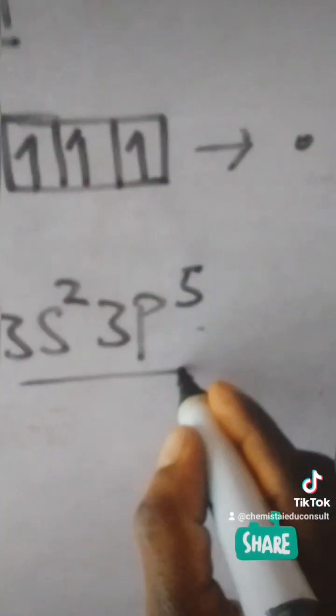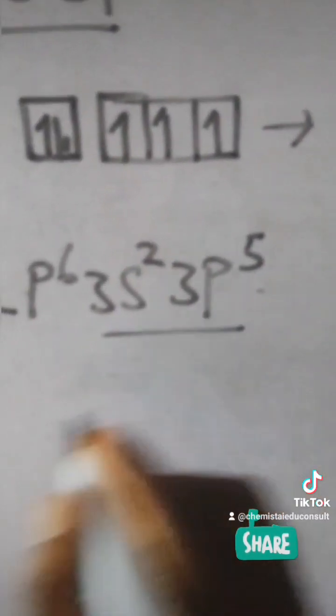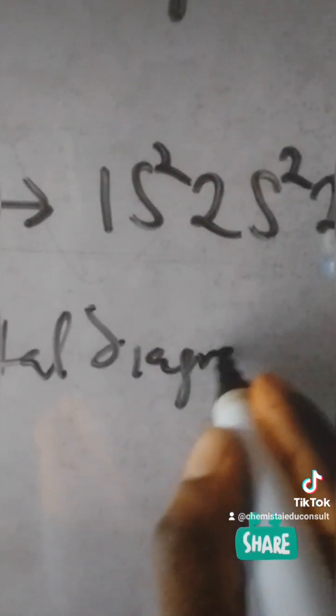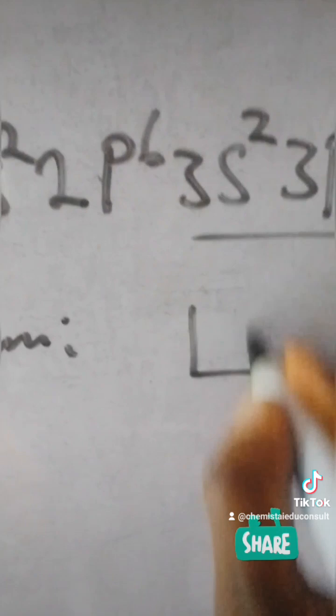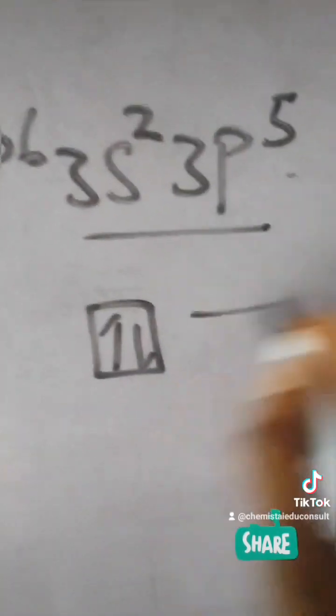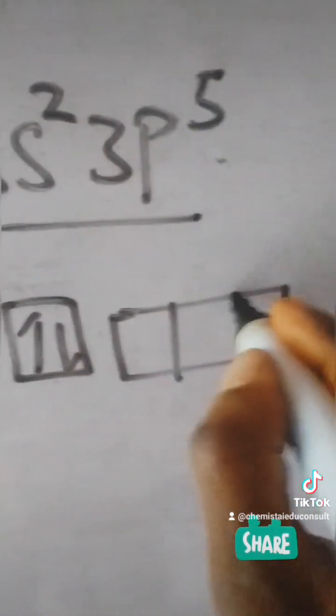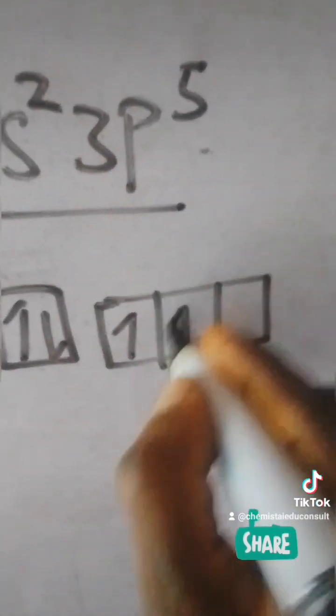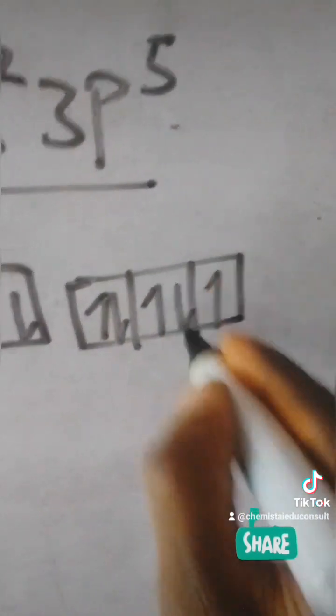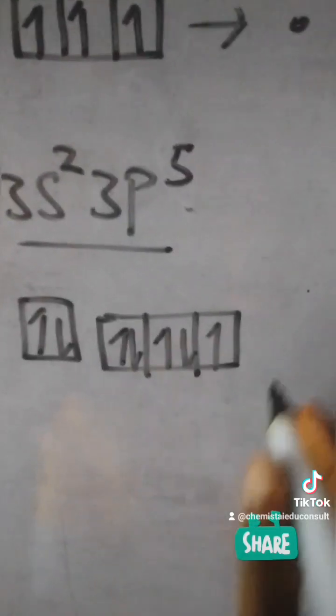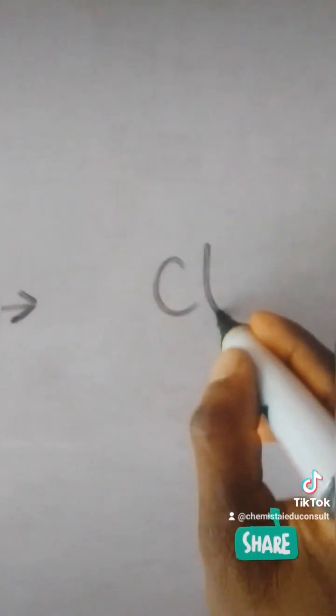You see that the last shell contains S and P also. So the orbital diagram is where S is shown as a square with the electrons paired, and P is shown as 3 squares, with 5 electrons: 2 pairs and 1 single electron. So it reveals that chlorine looks like this.